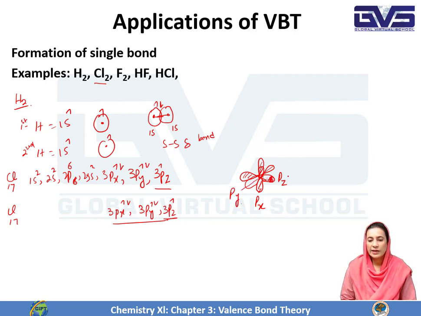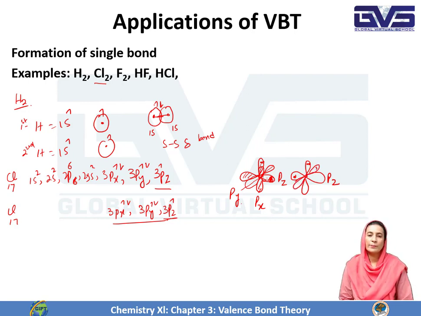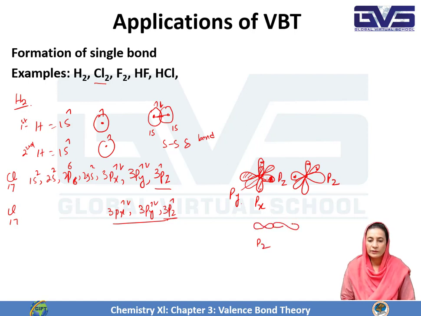The second chlorine will also have one electron in pz. They have px with both electrons, and py also with 2 electrons, so they will not participate in bond formation. Only the pz of one chlorine and the pz of the other chlorine have one electron each. Their spins are paired, so this region will be occupied. So a sigma bond will be formed by pz and pz.